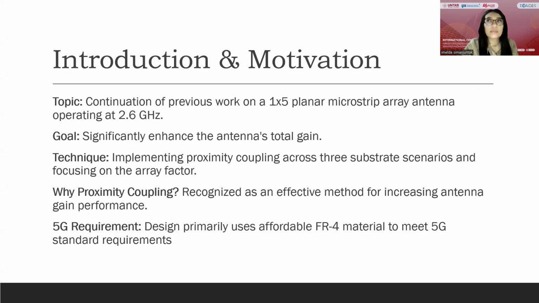Because we all know that proximity coupling is recognized as an effective method for increasing antenna gain performance. This antenna is required for 5G specification, designed primarily using affordable material to achieve 5G standard requirements.